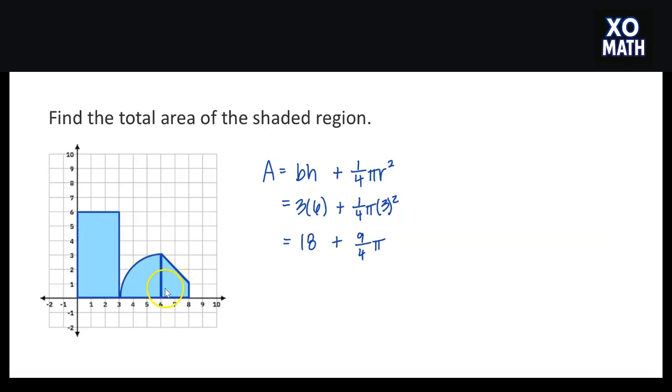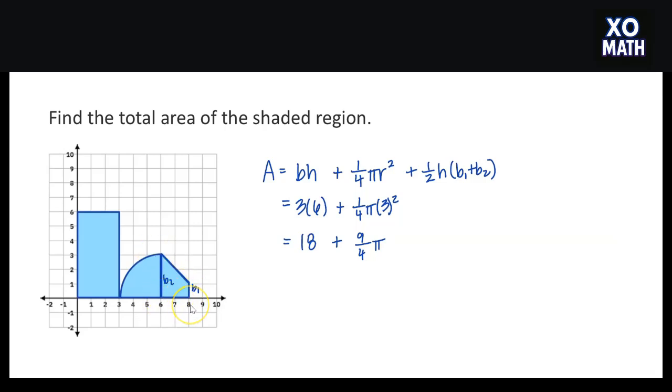And then finally, I have the area of a trapezoid. Now this trapezoid is on its side, so the formula for the area of a trapezoid in general is 1/2 height times the quantity base 1 plus base 2. So on our picture over here, base 1 and base 2 are these vertical distances.